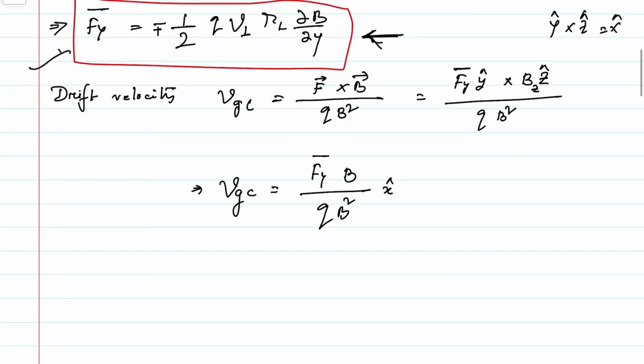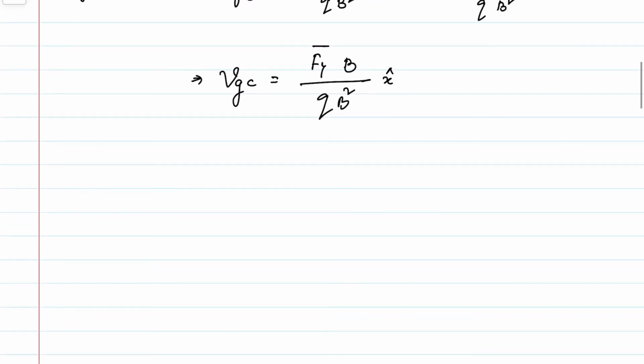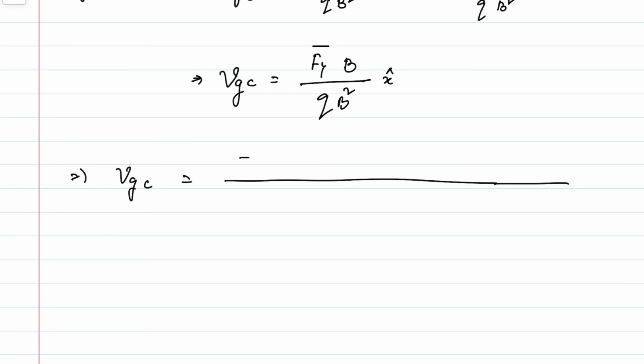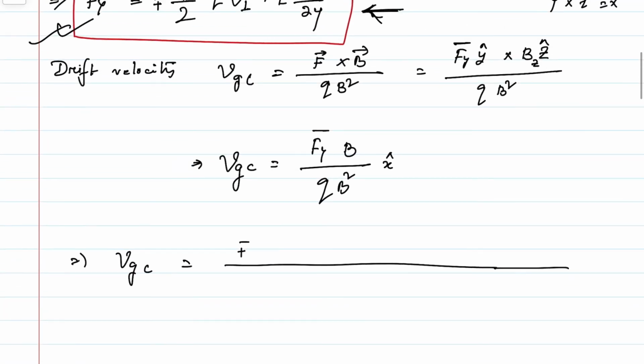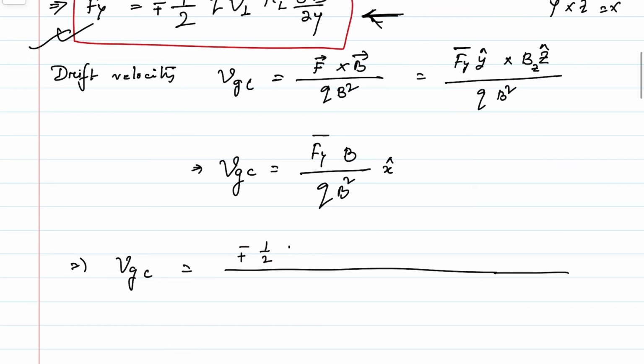So now let us put the value of average F_y. If you do so, then here you will get v_gc, the drift velocity of the guiding center, going to be equal to minus plus half q v perpendicular rl del B by del y, along x cap, then q B square.